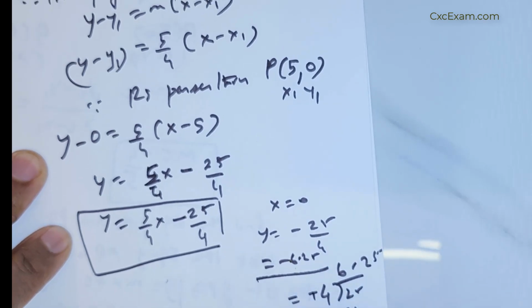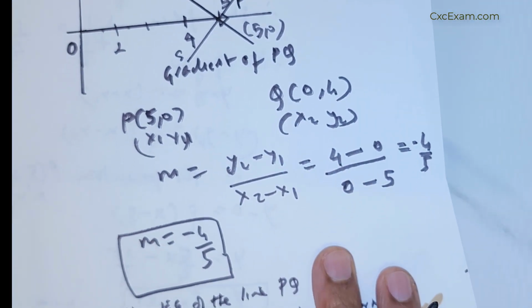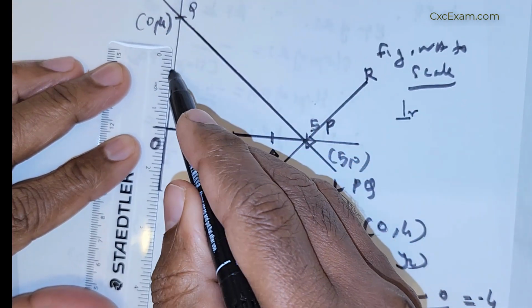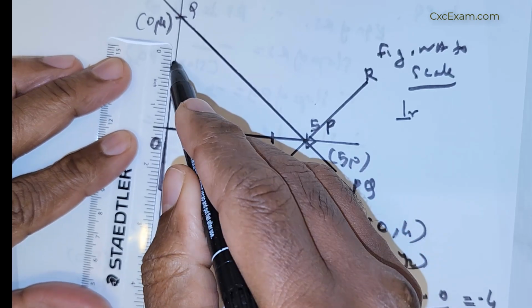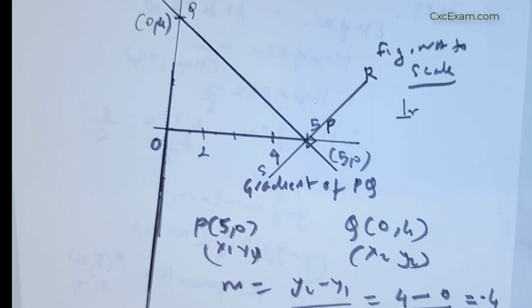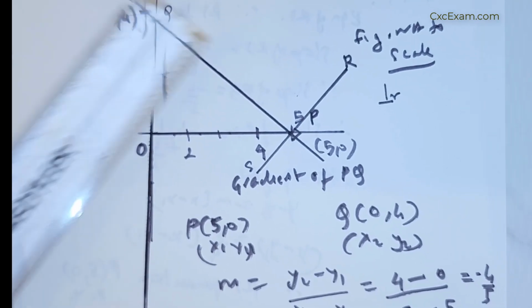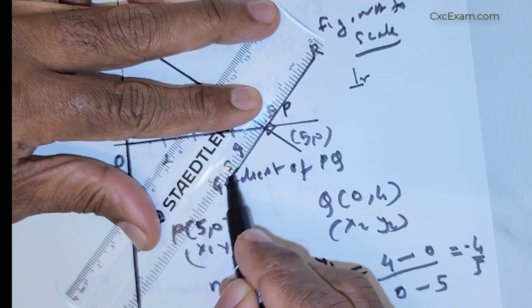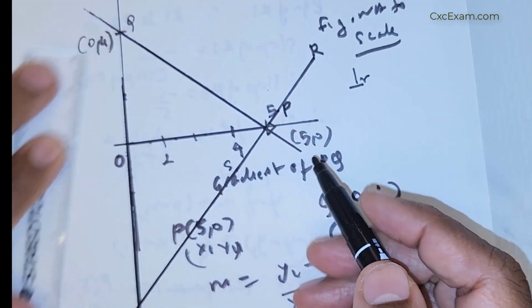So how is that going to look? So this is the y-axis. Now this line is hitting the y-axis like this.